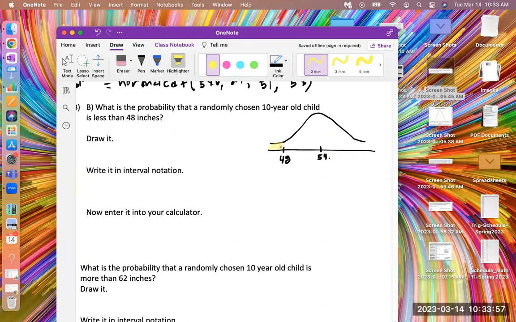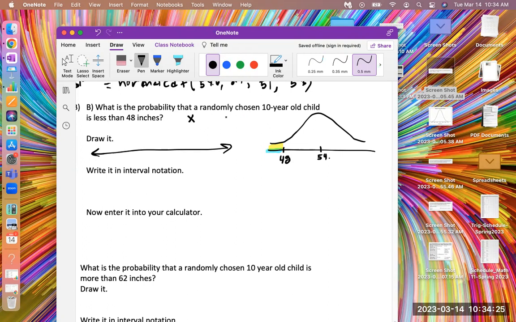But in order to find that area under the curve, I need to input the right interval along the x-axis, because all I need to do is tell it along the x-axis where I need to find the area, right? I just need to give it that interval. So I draw the area for what is less than 48. Mathematically, that is a mathematical sentence.